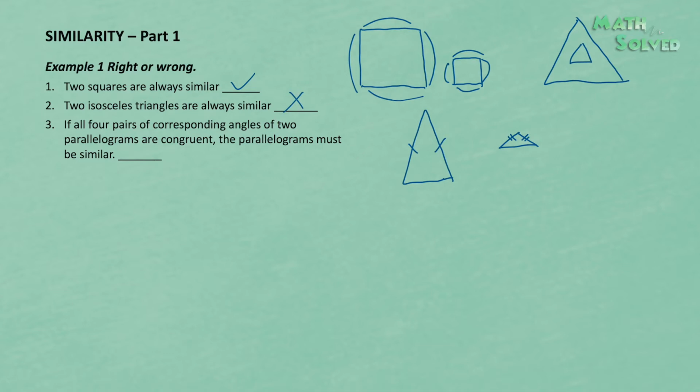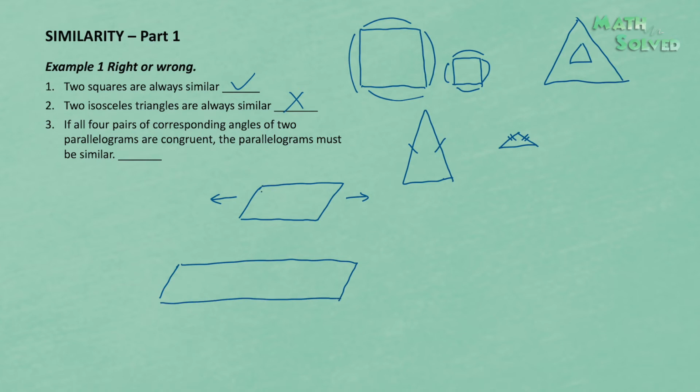And the third one: if all four pairs of corresponding angles of two parallelograms are congruent, then the parallelograms must be similar. Okay, so let's draw one of the parallelograms. It could be like this. If I keep all four angles and elongate the parallelogram in the horizontal direction, then another parallelogram may be like this.